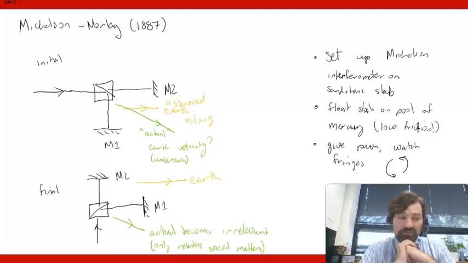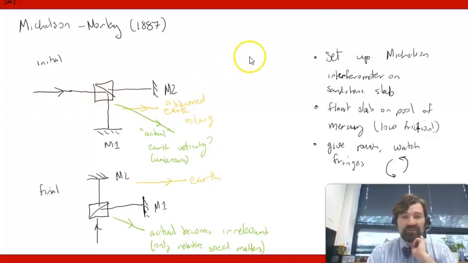or due to other effects, like moving the interferometer around risked moving the relative position of the two mirrors and how far away they were from the beam splitter.